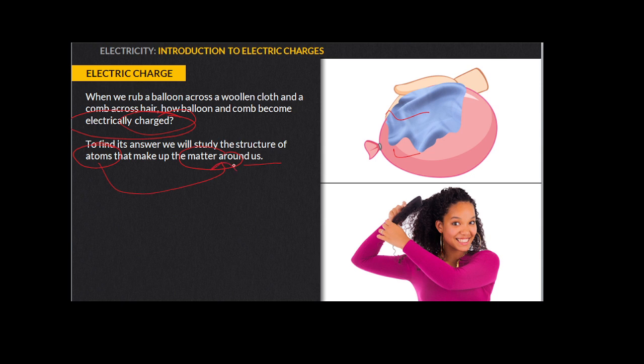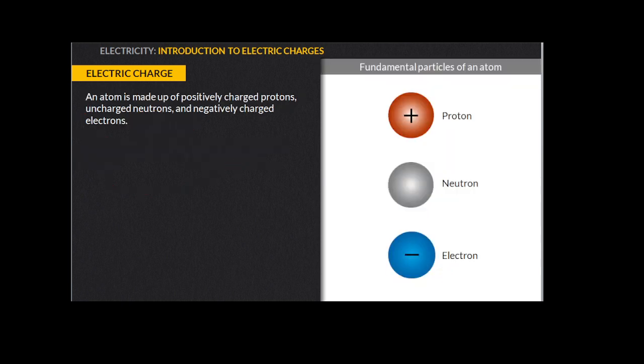All the matter around us is made up of atoms. We know that, right? An atom consists of fundamental particles: the proton, which is positively charged, the electron, which is negatively charged, and the neutron, which has no charge.